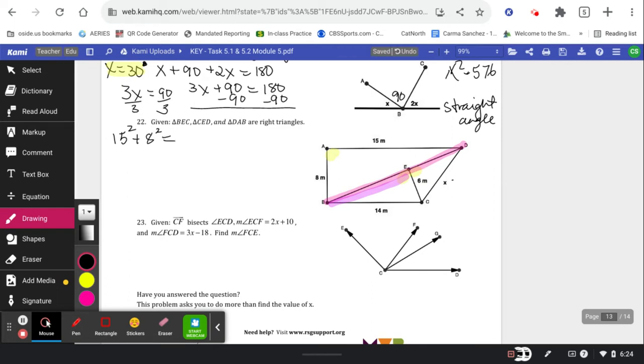All right, so 15 squared plus 8 squared is going to equal the big long side here. And so 15 times 15 is 225. 8 times 8 is 64. So I think that's 889.